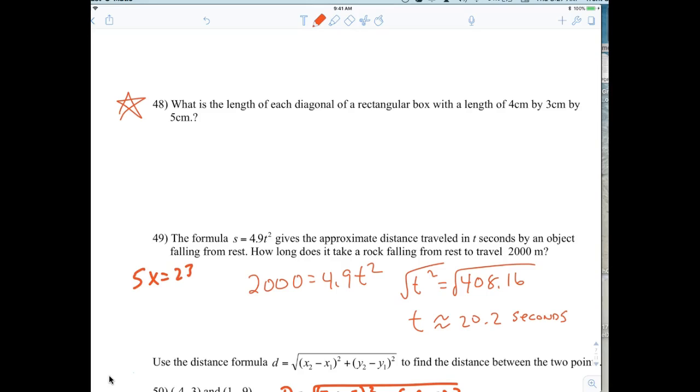So here is kind of what they mean. I'm going to try to draw a rectangular box here real quick. So there's my rectangular box, not so great since I don't have my pencil with me. At first I thought they were asking for the individual diagonals, but they're not.